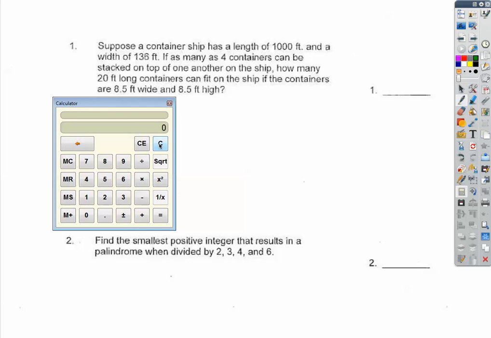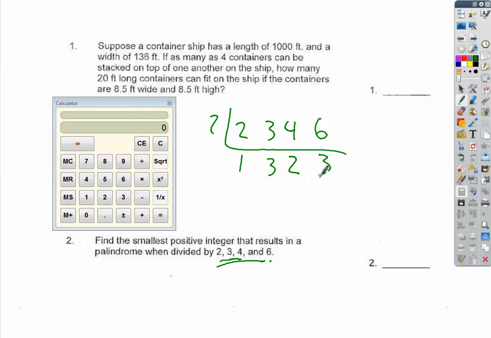So we're looking for a multiple of these. And so the multiple has to go into all 4 of these, or all 4 of these have to go into it, right? So 2, 3, 4, and 6. So what goes into all of them?